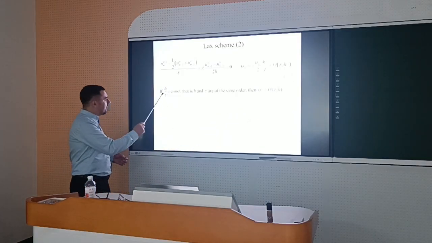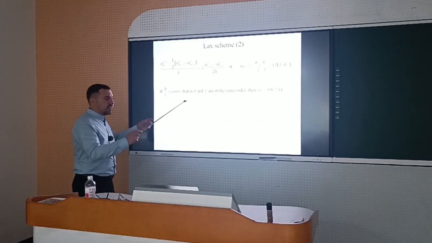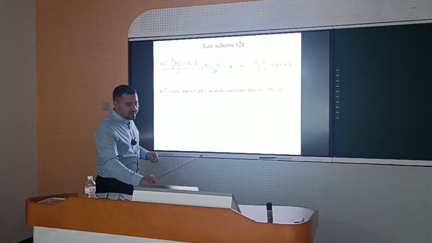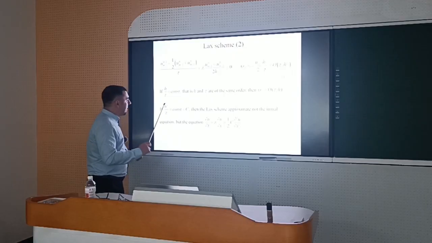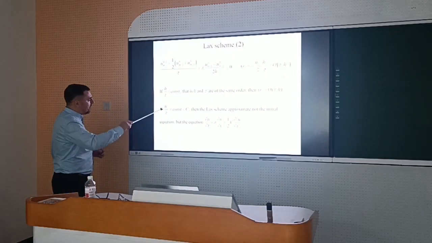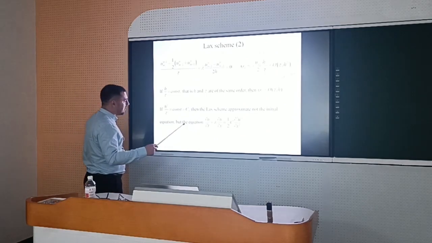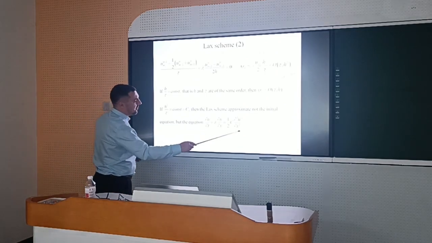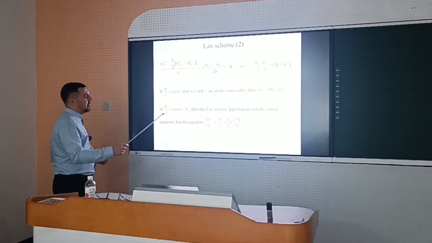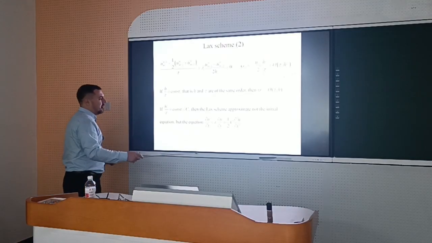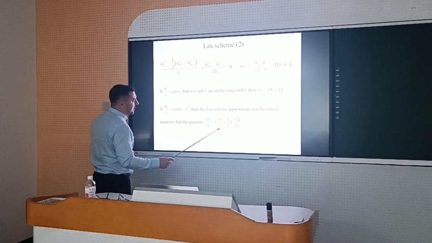So if tau is of order h, it means that this is a first order scheme. But if tau is of order h squared, then the Lax scheme approximates not the initial equation, but the equation with this term. So it's a sort of Burgers' equation, but with constant lambda.